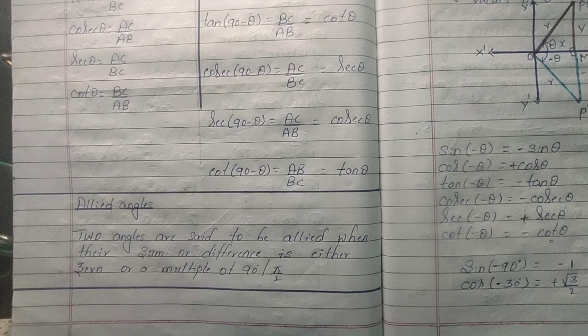If you add two angles, or if you subtract two angles, and you get 0 or multiples of 90, meaning 90, 180, 270, 360 and so on, then the two angles are said to be allied angles.